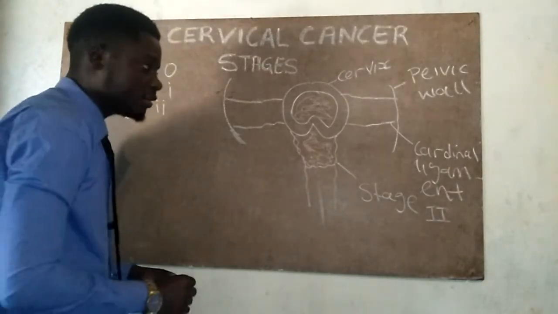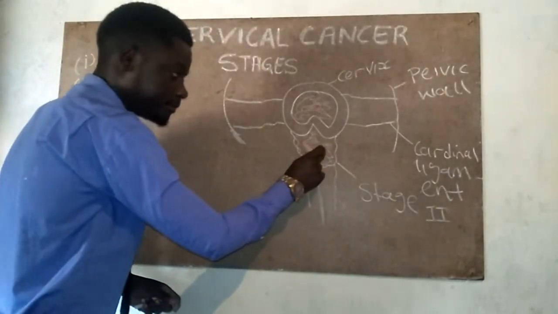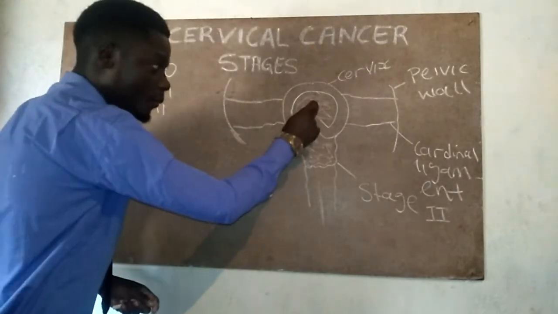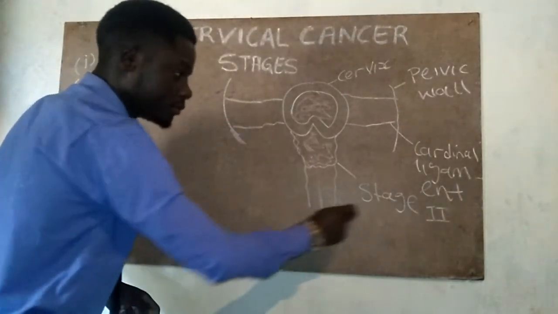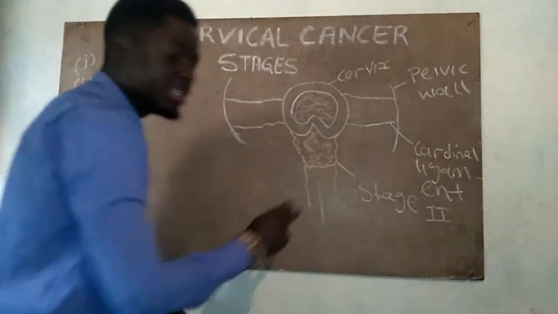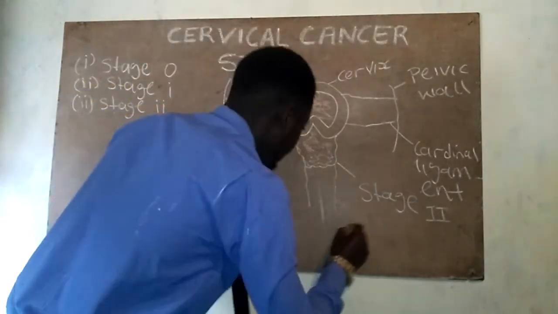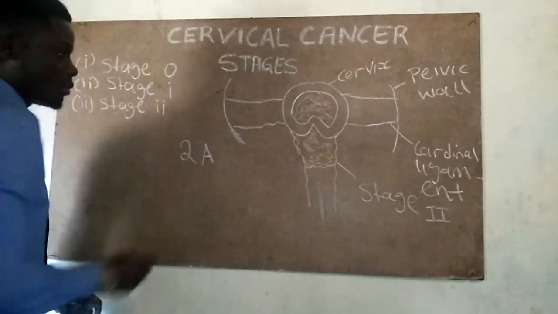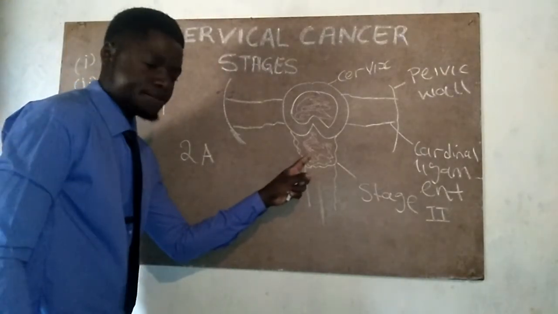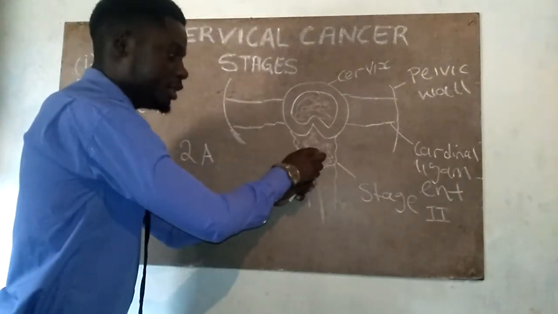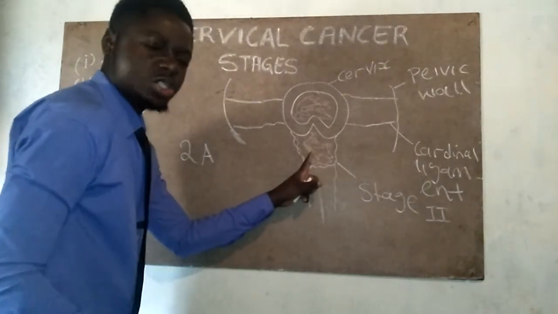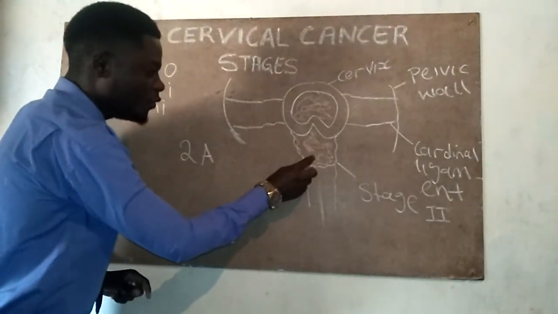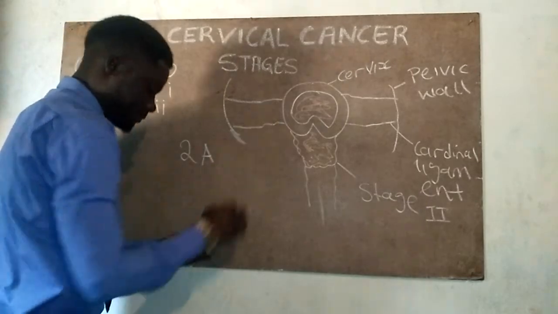What I mean is this is stage 1 of cancer. From here to here, it's stage 1. Stage 1, stage 2A. So this is stage 2A, from ear to ear. And then stage 2B is going to involve these sides.